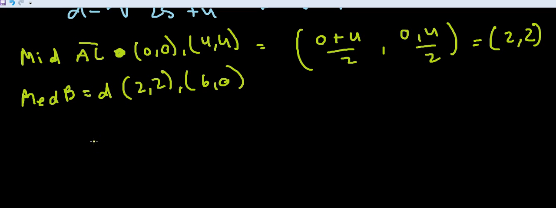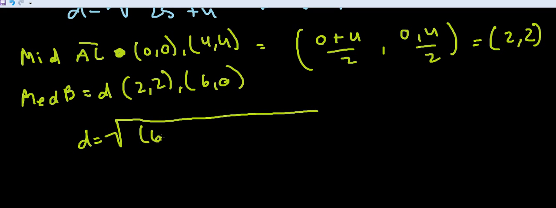We put this into our distance formula: our x2 is 6 minus our x1, which is 2, squared, plus our y2, which is 0, minus our y1, which is 2, squared.